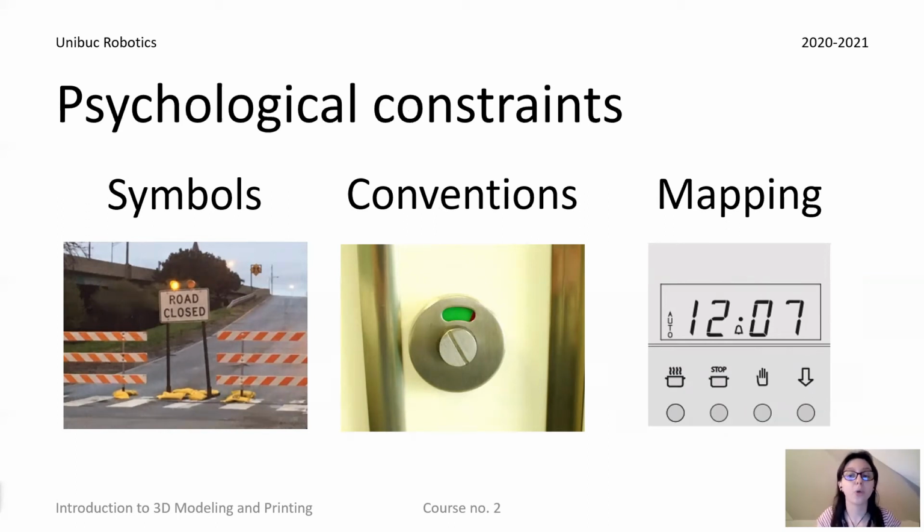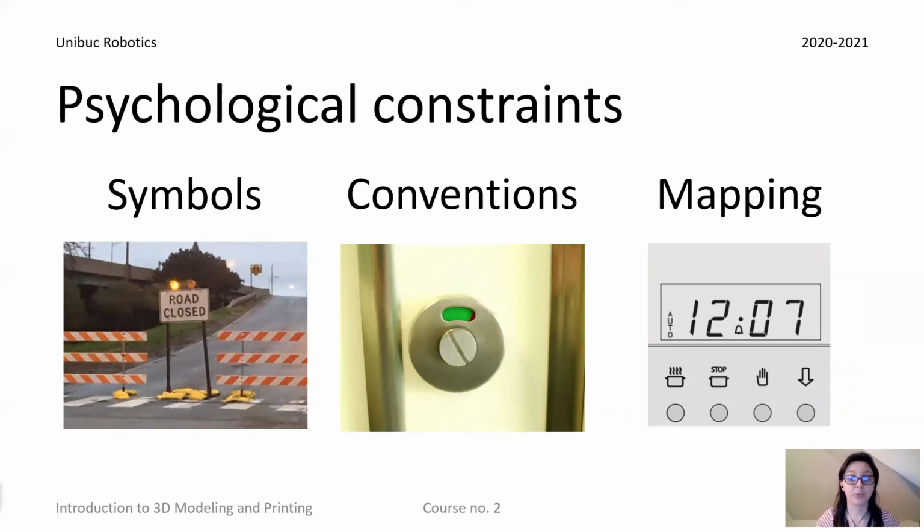Symbols communicate through icons, text, or sounds, and symbols are useful for categorizing, clarifying, and cautioning users about certain actions. For example, we see here a sign that indicates through text and through light that the road is closed. And this symbol is a very general one, so everyone who sees it understands that you shall not pass here.